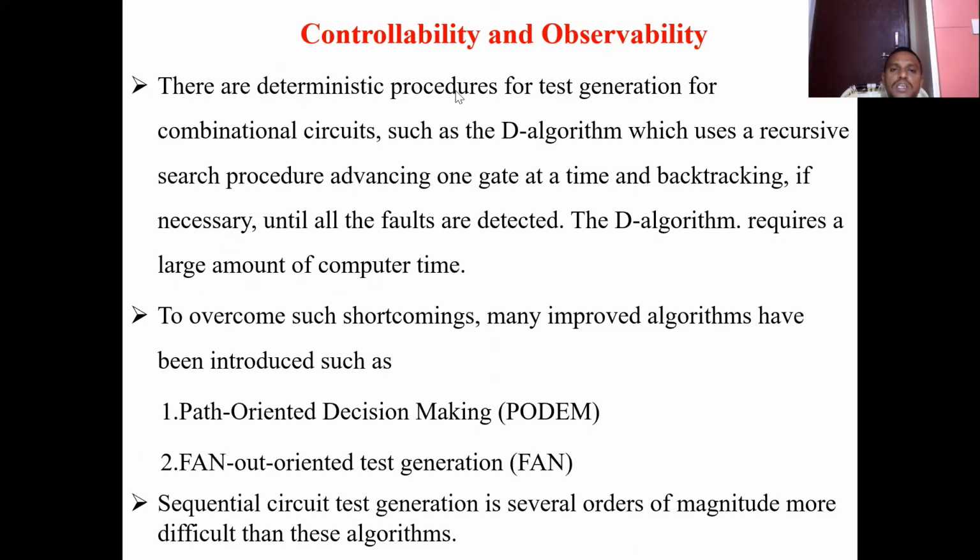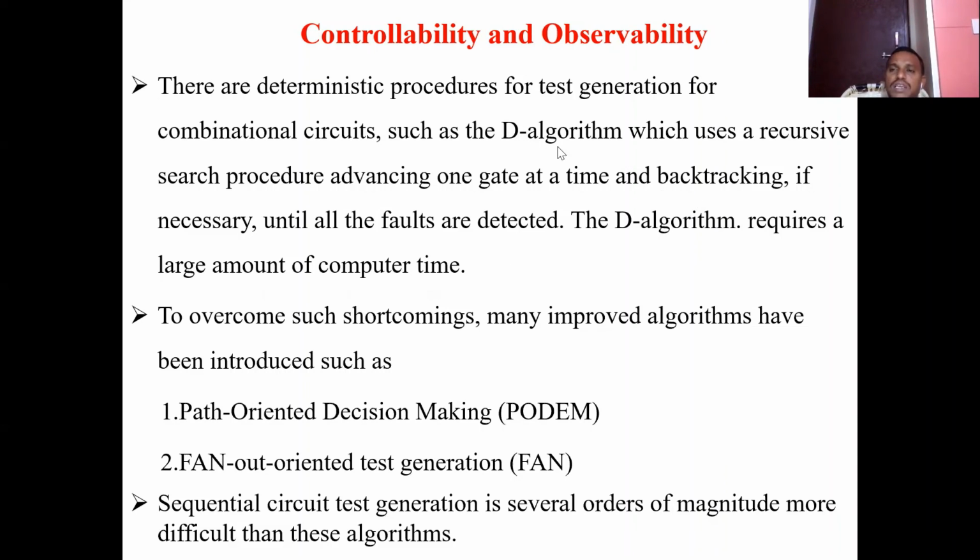There are deterministic procedures for test generation for combinational circuits, such as the D algorithm, which uses a recursive search procedure advancing one gate at a time, and backtracking if necessary, until all the faults are detected. So for combinational circuits we use the D algorithm to test.